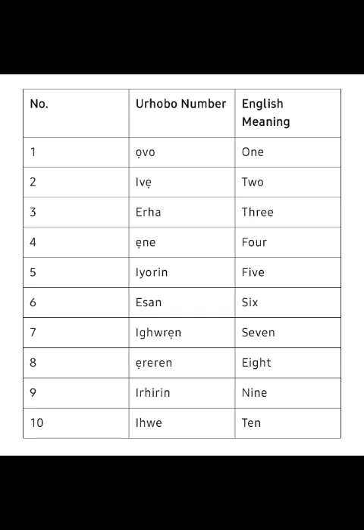So we are going to do a quickie on this one. 1 in Urhobo is ovo. 2 is ive. 3 is era. 4 is ene. 5 is iyorin. 6 is esa. 7 is igwe. 8 is arere. 9 is iririn. 10 is ihwe. Now these are some of the examples of cardinal numbers that we have.